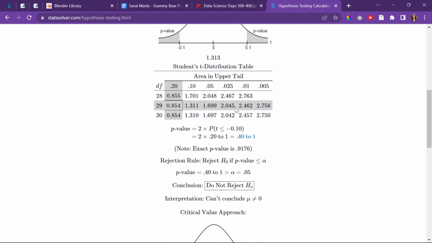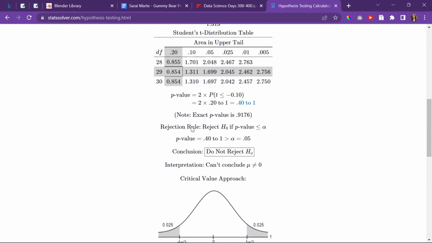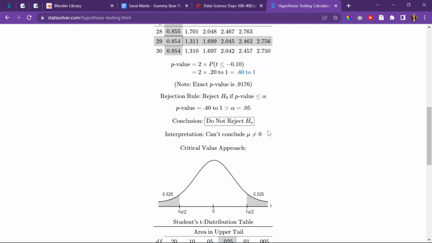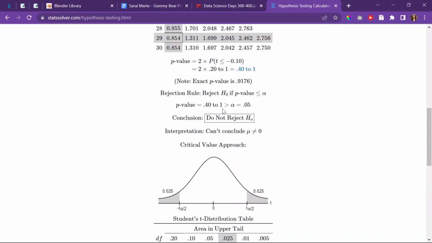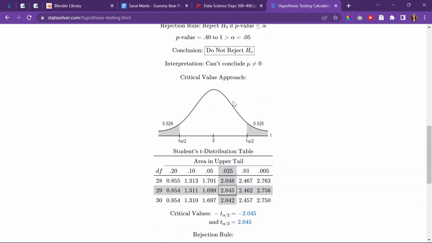Oh, they used the table. Rejection rule: reject H0 if p-value is less than or equal to alpha. Oh, because they use the table, the p-value is greater than alpha 0.05, so we do not reject H0. That means we fail to reject H0, and we do not have convincing evidence that mu difference is not equal to 0, meaning that we don't have convincing evidence that there is a difference.